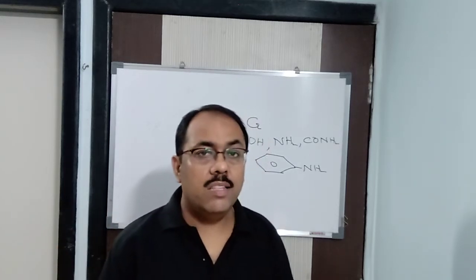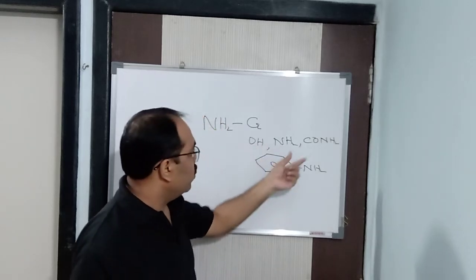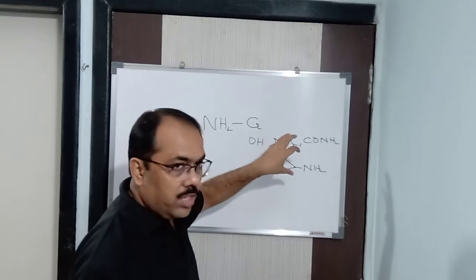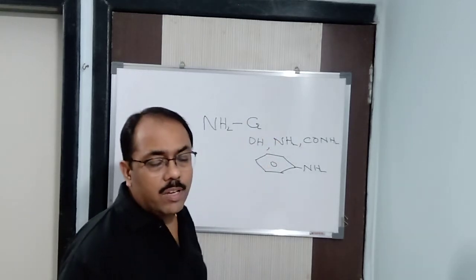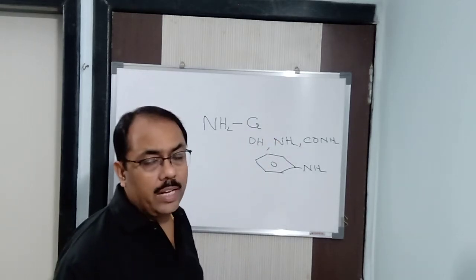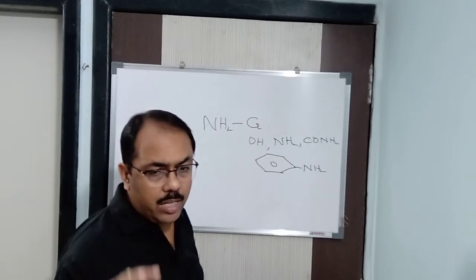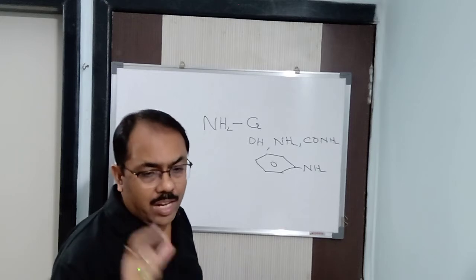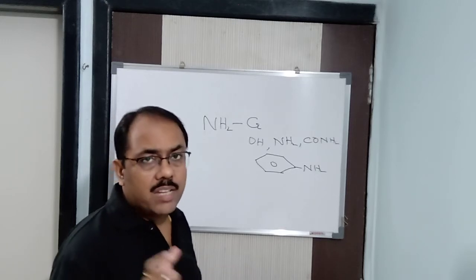Again I repeat, this NH2OH or NH2NH2, NH2CONH2, anything, that is when the NH2 group is attached to all these groups, it is a weak nucleophile, and it will undergo reactions in a weakly acidic medium, where the H plus ion acts as a catalyst.